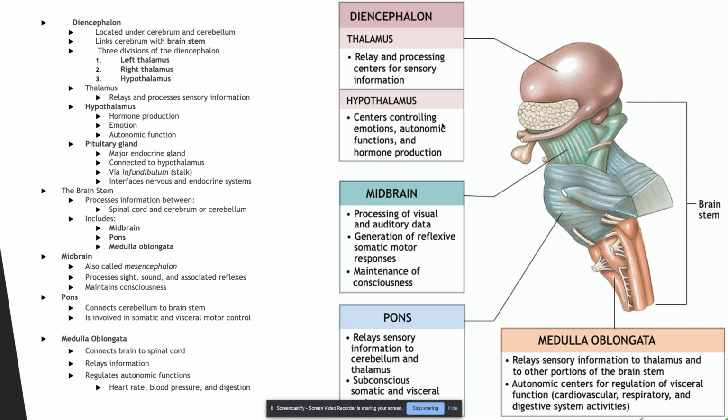The brainstem contains a variety of important processing centers and nuclei that relay information headed to or from the cerebrum or the cerebellum. The brainstem includes the midbrain, the pons, and the medulla oblongata. The midbrain, or the mesencephalon, contains nuclei that process visual and auditory information and controls reflexes triggered by these stimuli.